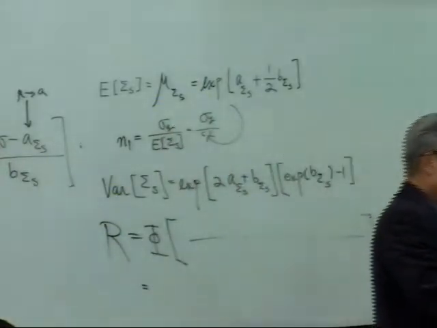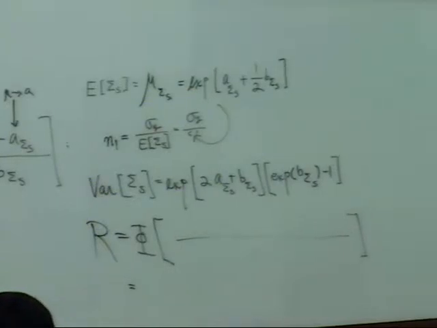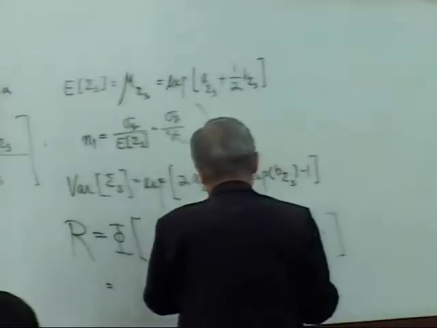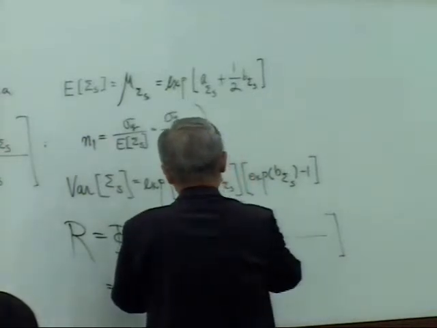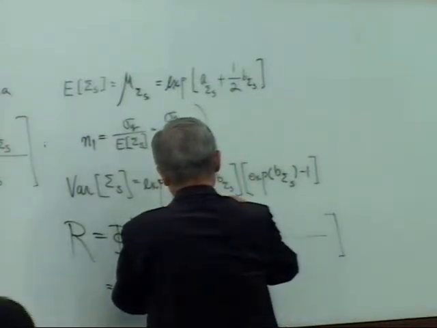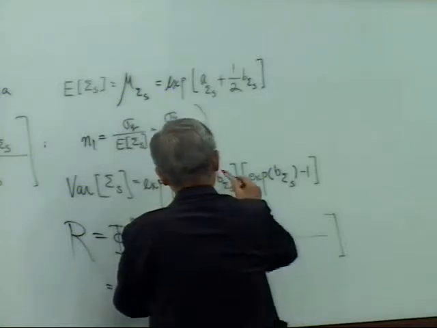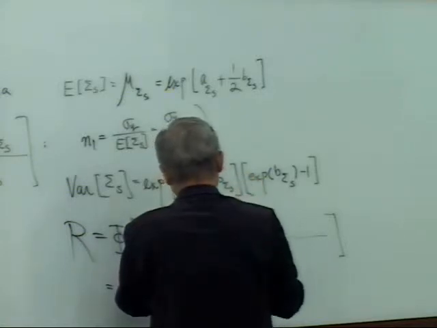It just appears to close it. Okay, this is 2 mu square. This is sigma square.